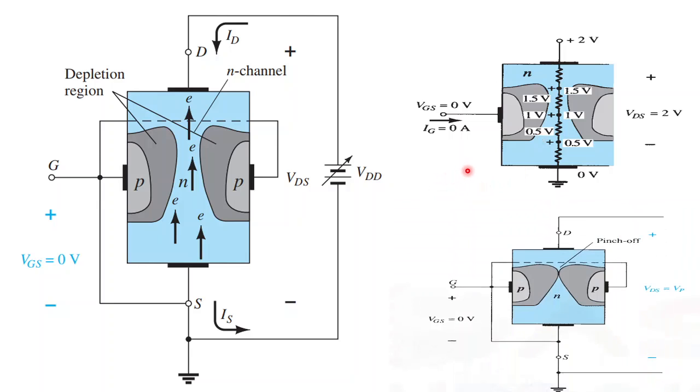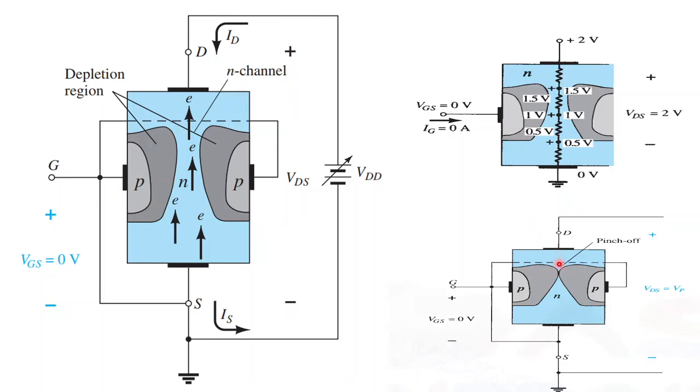And what will happen if we increase VDD, keeping VGS at 0 volt? If we increase VDD to the level of VP, then these two parts will almost come closer. At a point we can consider that this is almost touching, but it's still not touching, because there will still be a thin narrow path for electrons in the downside.